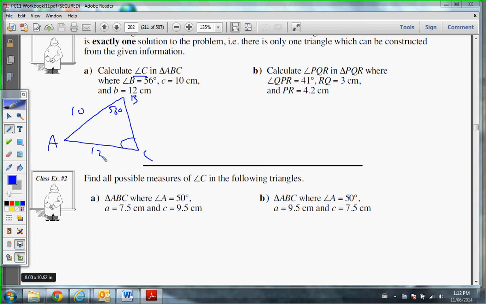B is bigger, right? Because B makes the bigger side, 12. So C has to be smaller. By that chart we just did, if your reference angle is smaller than the given, you have one solution. So this is smaller, so that means exactly one solution.